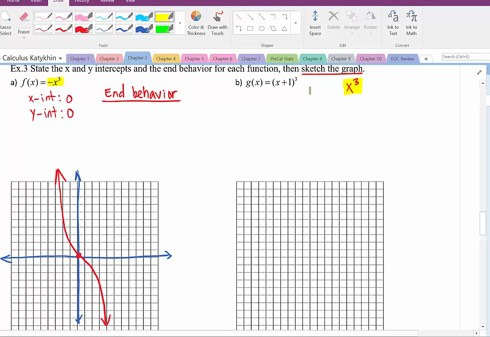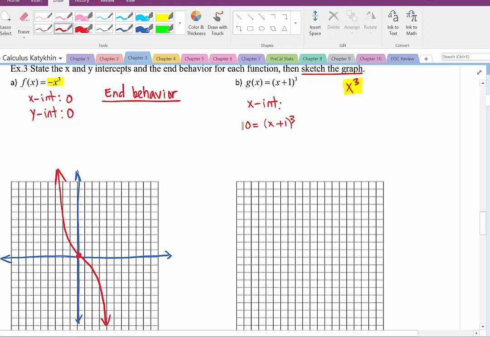So having said that, we're going to have to decide a couple of things. Let's find the x-intercept first. And again, to find the x-intercept, I would have to replace g of x with 0. So we would have 0 is equal to x plus 1 cubed.